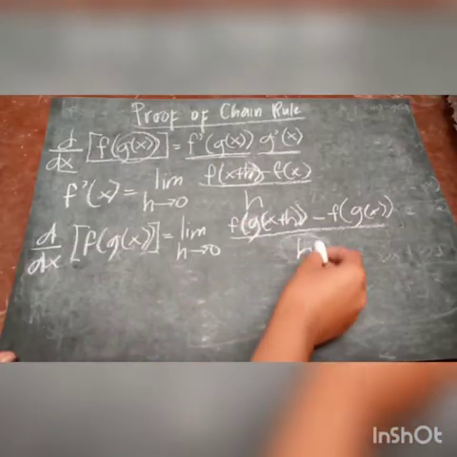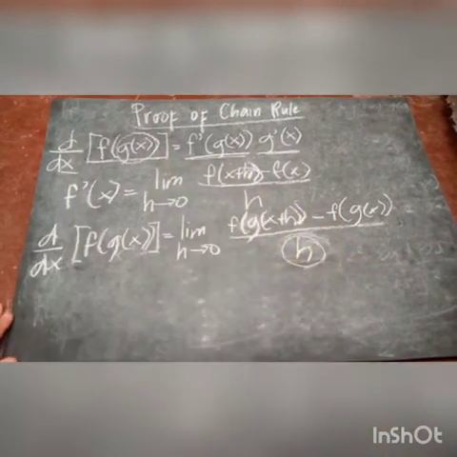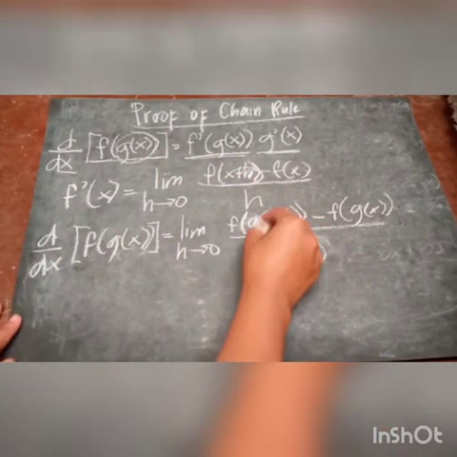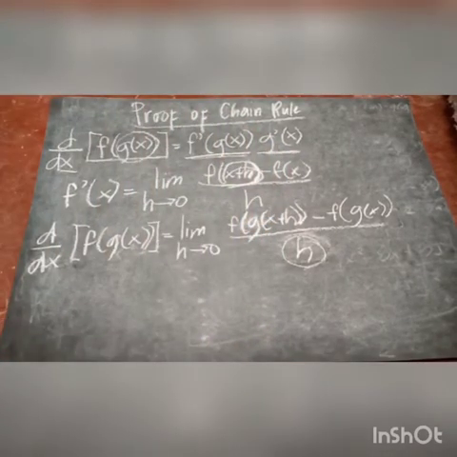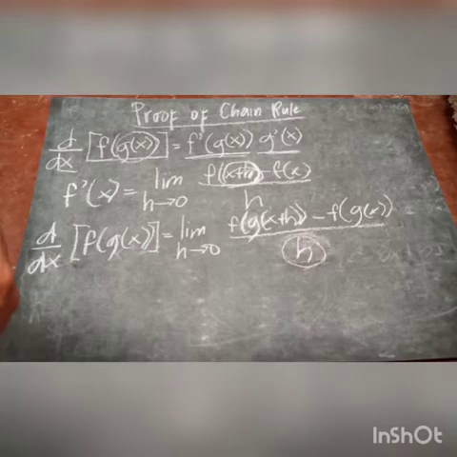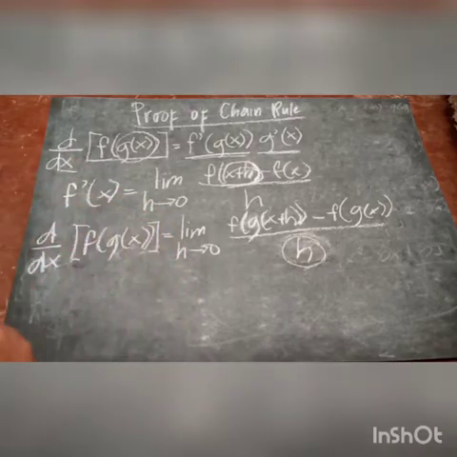Remember, we obtain h by determining the difference of the innermost inputs. So let's make a substitution for h. Let's replace it with x plus h minus x.